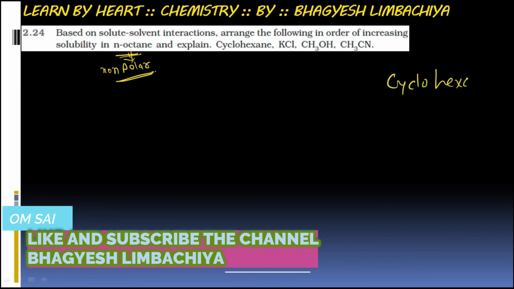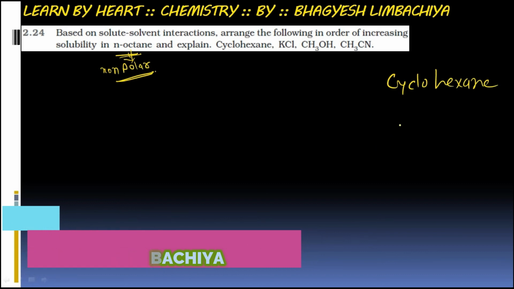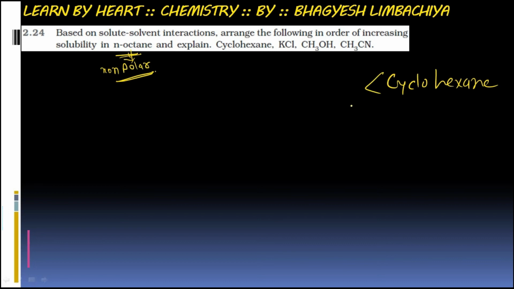Cyclohexane will be the highest soluble, and you are asked the increasing order, that's why cyclohexane will be the last.